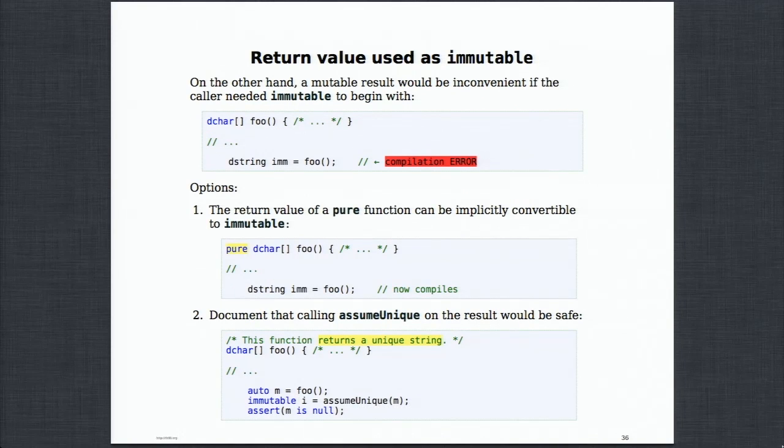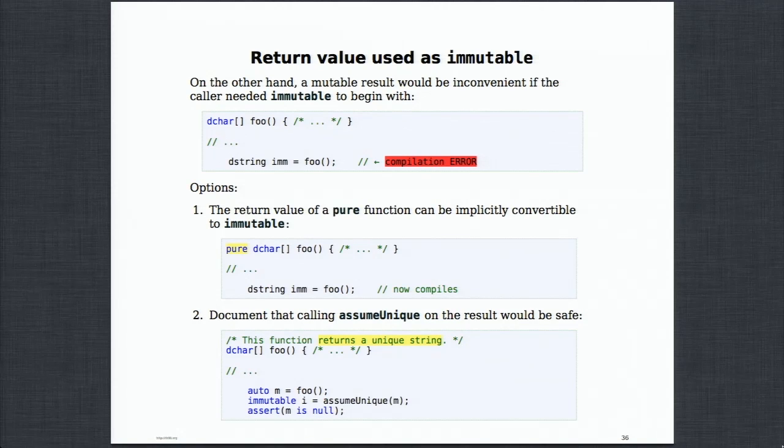But what if the caller wants to treat it as immutable? So that's a useful function, returns by immutable. Now this won't compile. You have some options. If the function were pure, functions returning mutable data can be implicitly converted to immutable.